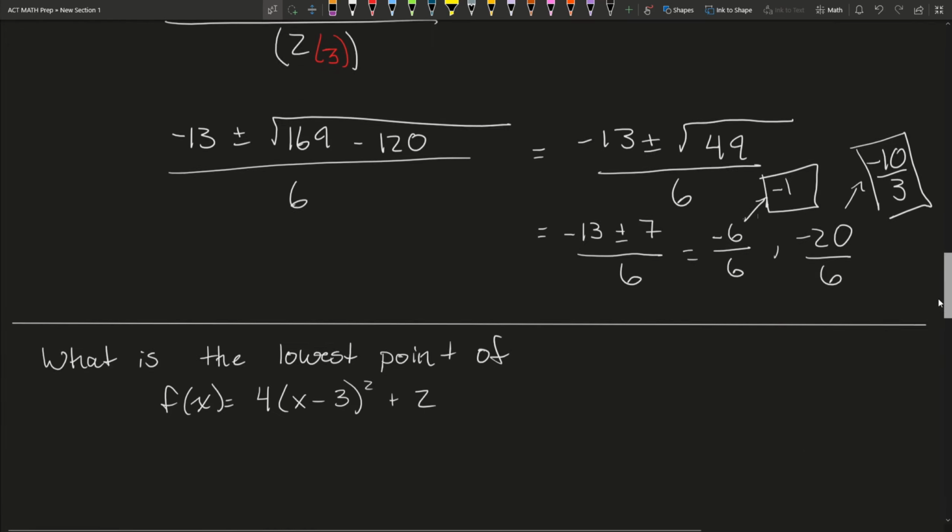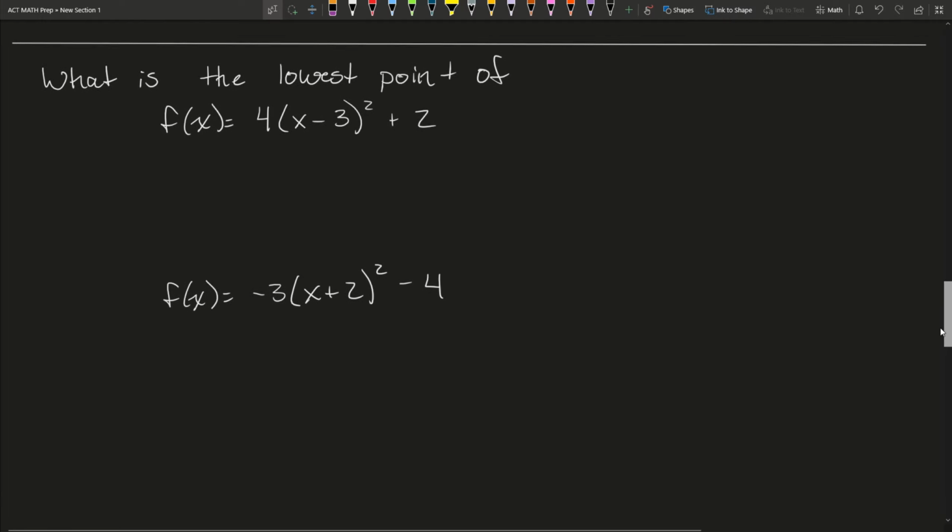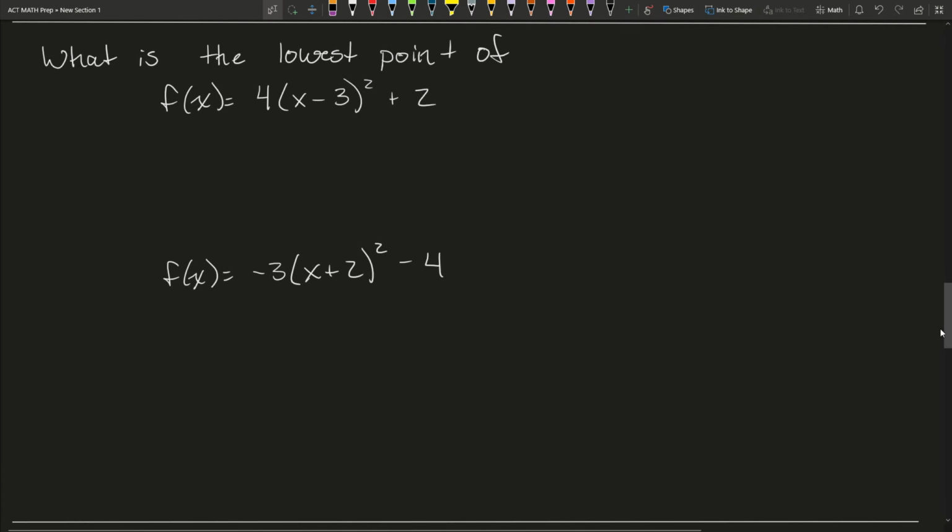So then we have finding vertices, which will be called the lowest or highest point of the graph. A question that'll be asked: what is the lowest point of the following? When you see this, these equations are in the form a times (x minus h) squared plus k.